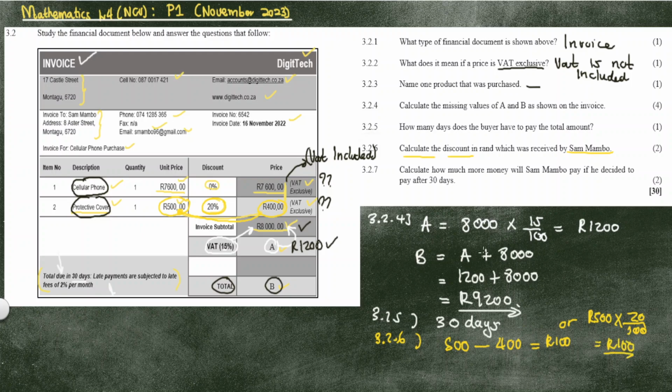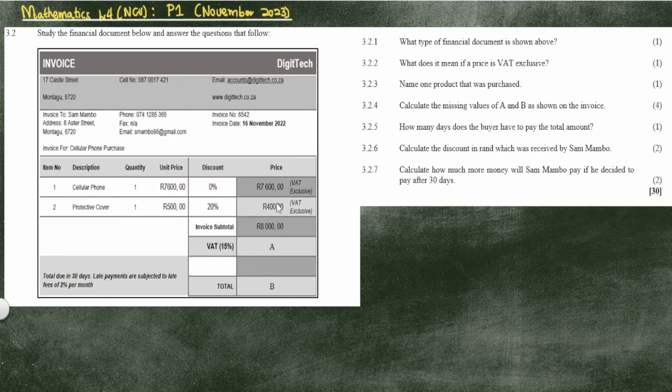Also there are two ways of answering. Calculate how much more money Sambo will pay if he decided to pay after 30 days. So if we go past the 30 days, you make a late payment, how much more money will you pay if you are Sambo?